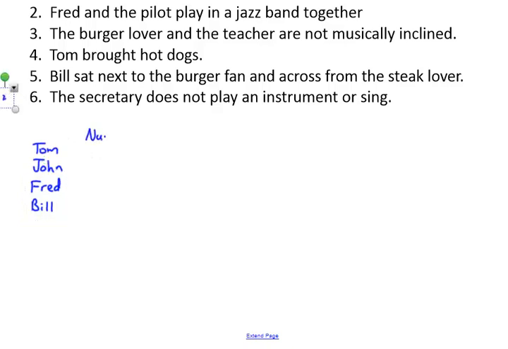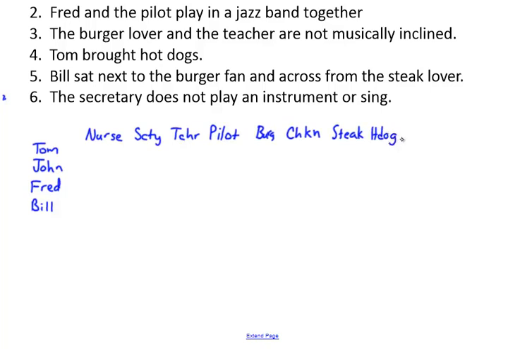We have a nurse, a secretary, a teacher, and a pilot. And they all brought some food. They brought burgers and chicken, steak, and hot dogs. Okay, so what I'm going to do is I'm going to go like this.